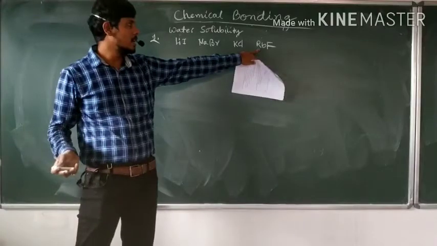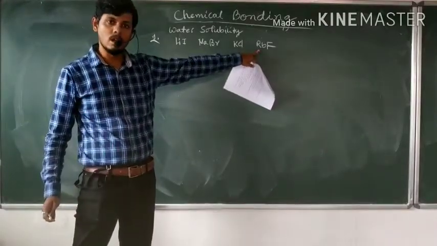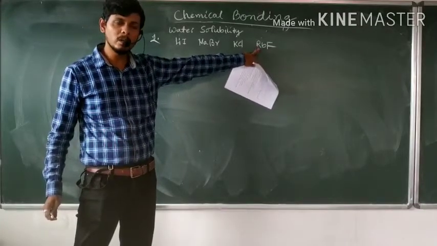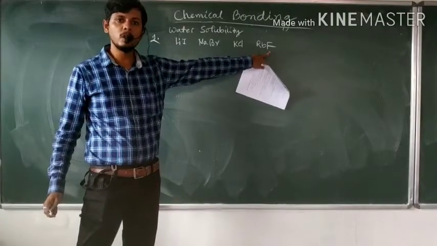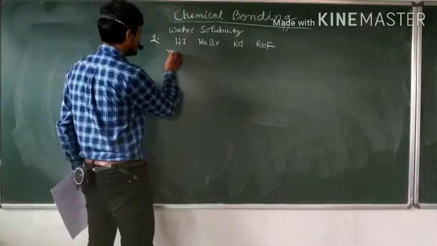Where the cation is larger, the cation has low polarizing power, and where the anion is smaller, the anion has low polarizability. It means lithium iodide will be the most covalent.